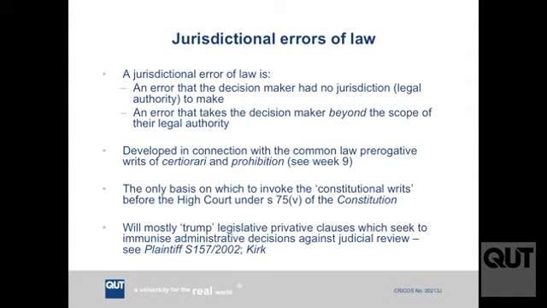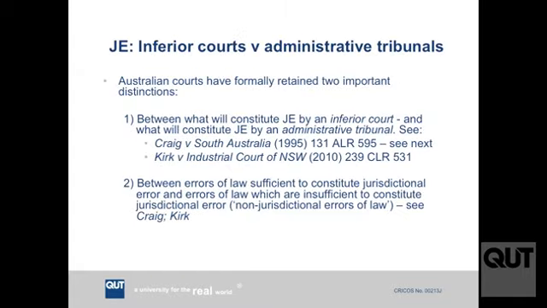As we have seen, jurisdictional error will mostly trump legislative privative clauses which seek to immunise administrative decisions against judicial review. And this was confirmed in Plaintiff S157 and Kirk.